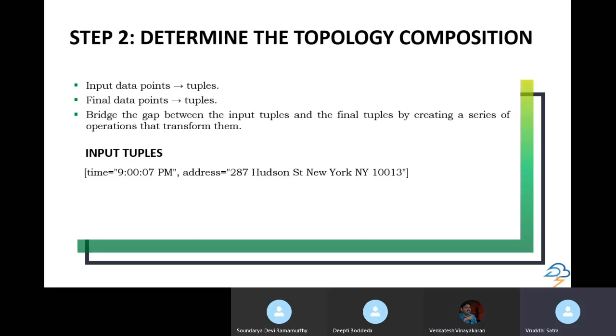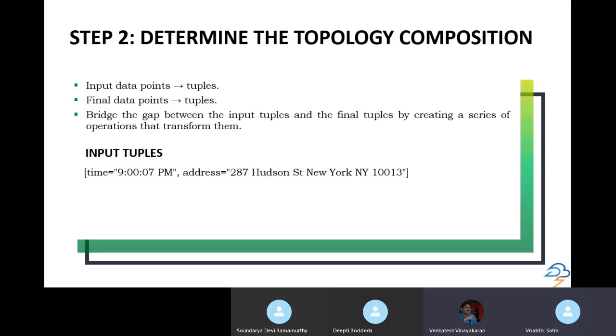As I said earlier, the use of the term tuple here is quite interesting. We have seen this throughout this presentation: it's the unit of message that we pass amongst the tasks, or amongst the spouts and the bolts.